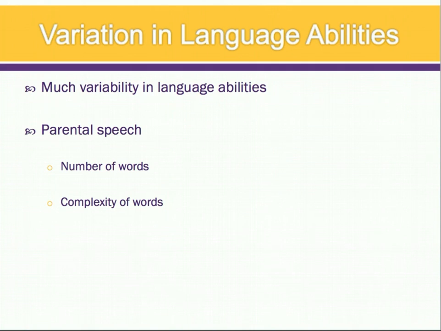And in my mind, this could also be why oftentimes a second child learns language quicker than the first, because the second might have diversity in speech where they have language spoken to them in infant-directed speech, but also they might hear language spoken to their sibling at a higher level.